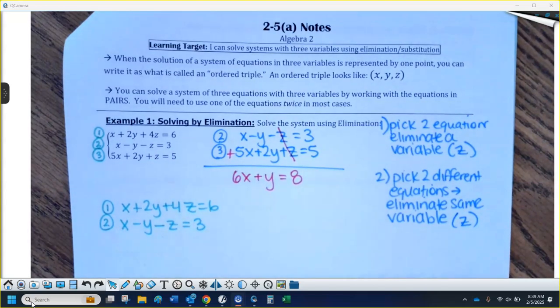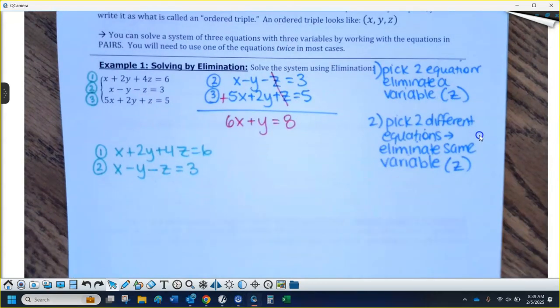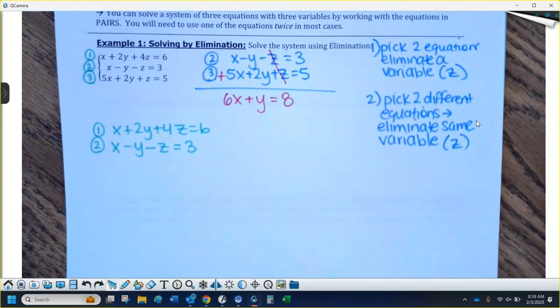If I have to eliminate z, I can't just do this like I did on the last question, because we already had opposites. But the reason I did pick 1 and 2 is because one of the z's was positive and one was negative, so I don't have to introduce a negative. What would I have to do? I have to manipulate at least one of these equations to get rid of z.